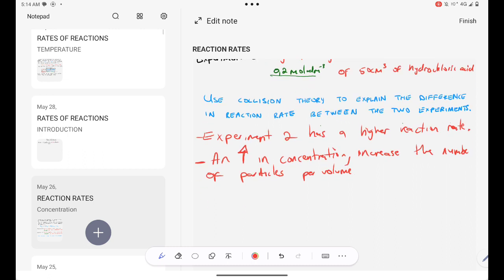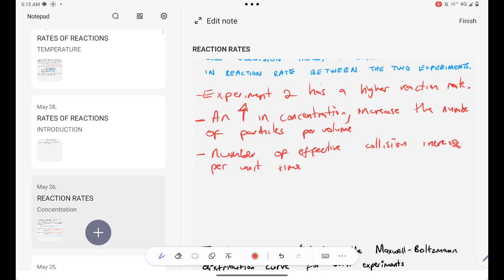It increases the number of colliding particles inside the reaction vessel, and hence the number of effective collisions will increase per unit time.